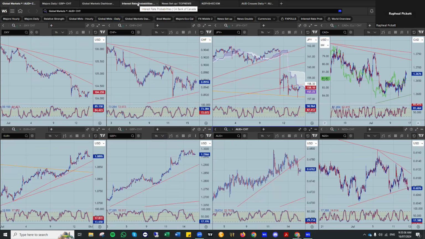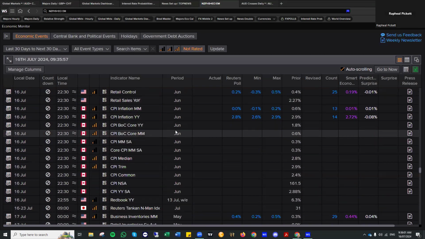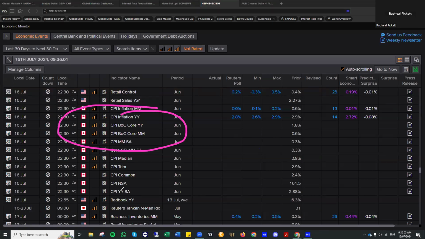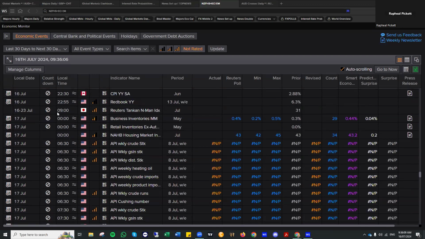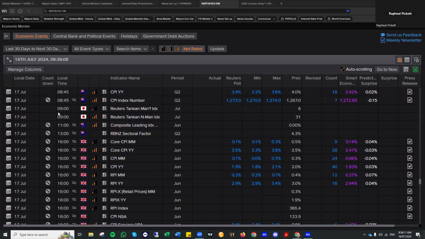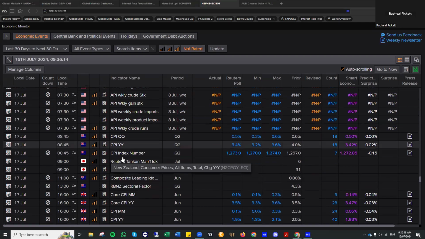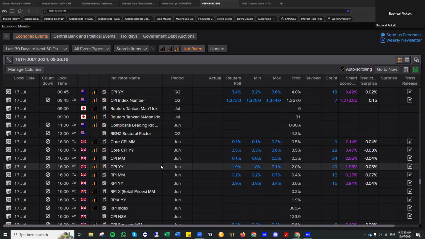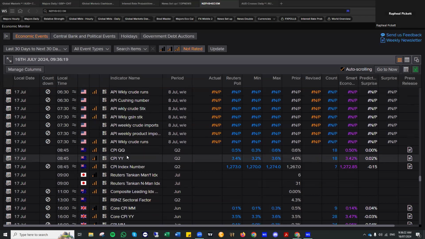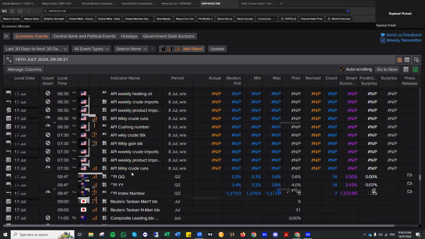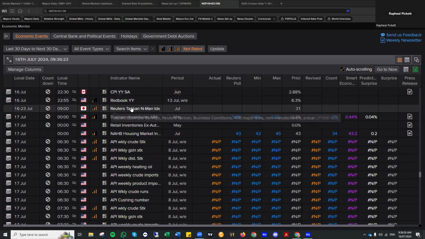If you have a look at the data here, we've got key data coming out: inflation numbers out of Canada, and then inflation numbers coming out of the UK over the next day or two. We've actually got some CPI numbers coming out of New Zealand as well. That's sort of flown under the radar. I should have looked at that. So Canada, UK, and New Zealand.